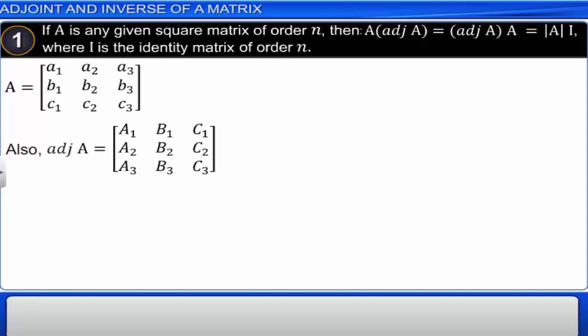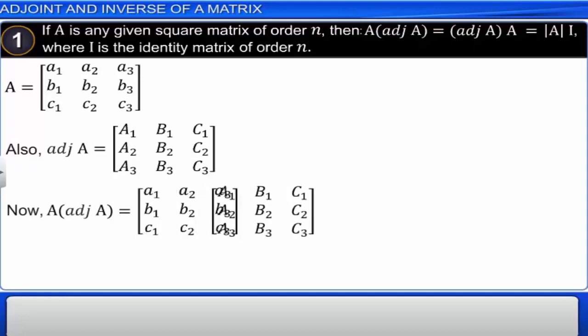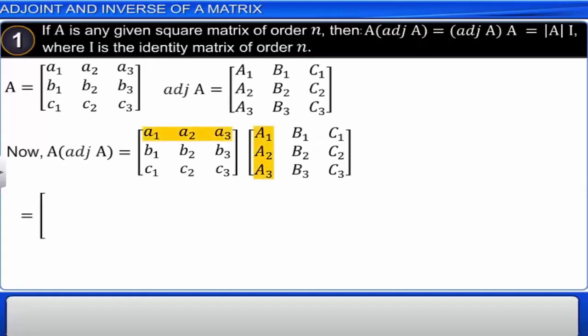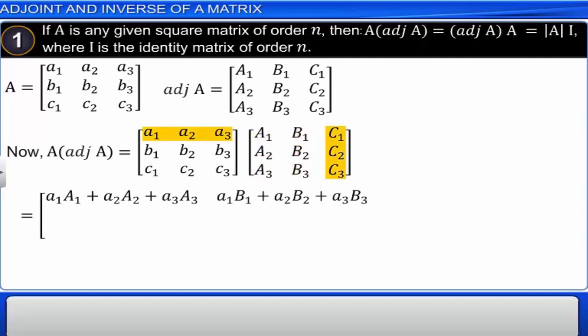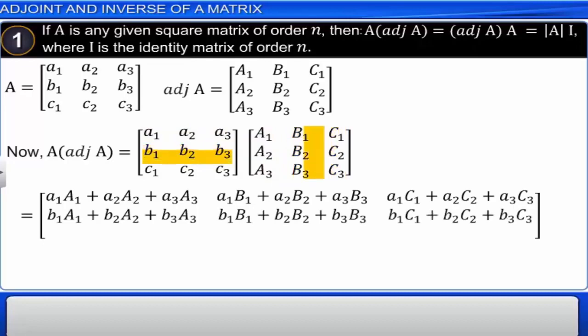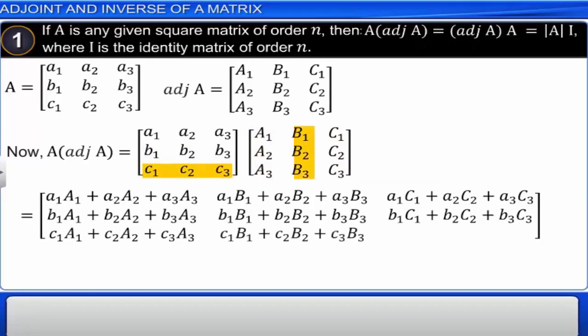Now, let us find the product of matrix A and its adjoint. The resultant matrix is as shown.